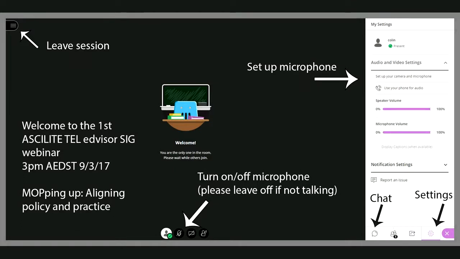Oh, sorry, presenter rights. So is that working? It's just converting now. Oh, I'm now a moderator. I feel like I've been promoted. It's all about power.